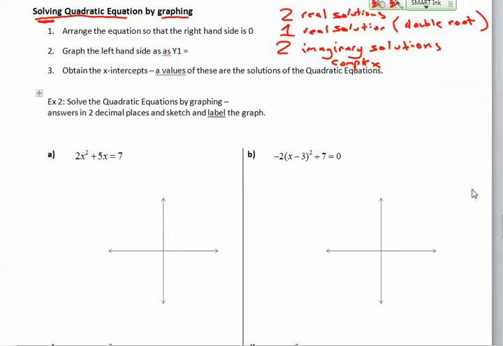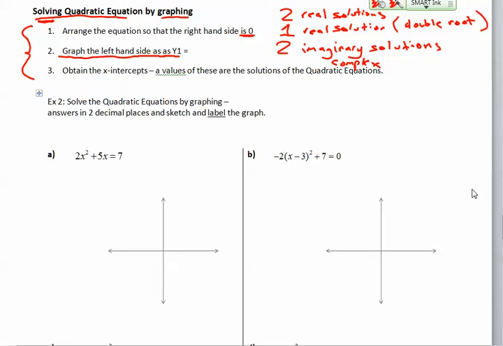All right, so what are we trying to do? We're trying to solve these quadratic equations by graphing. Here are my 3 steps. Number 1, arrange the equation so that the right-hand side is equal to 0. So I'm going to move everything over onto the left-hand side, and I just want 0 on the right side of the equal sign. Number 2, graph the left-hand side of the equation in your calculator as y equals.